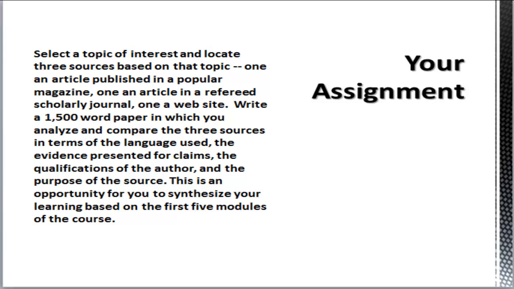Write a 1,500-word paper in which you analyze and compare the 3 sources in terms of the language used, the evidence presented for claims, the qualifications of the author, and the purpose of the source.